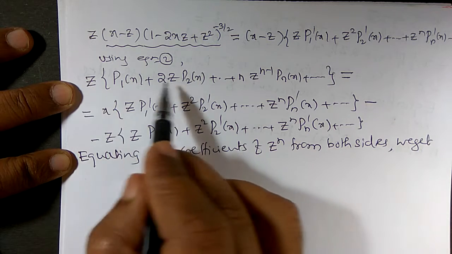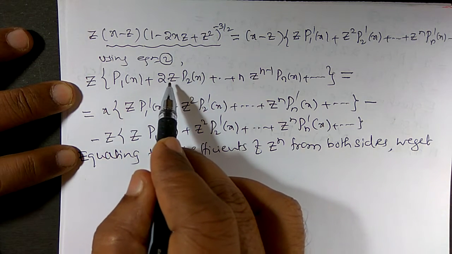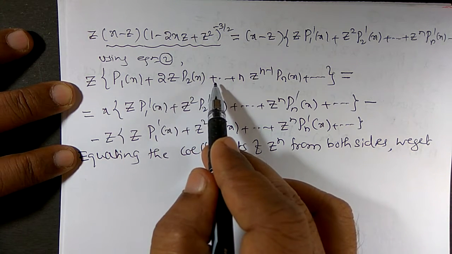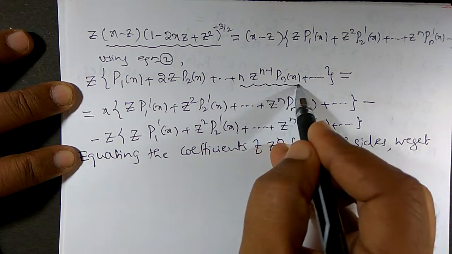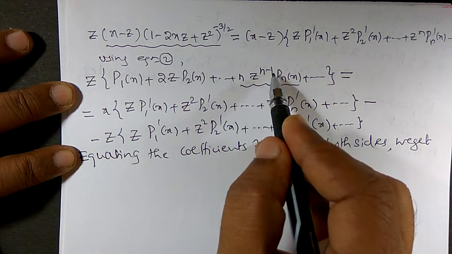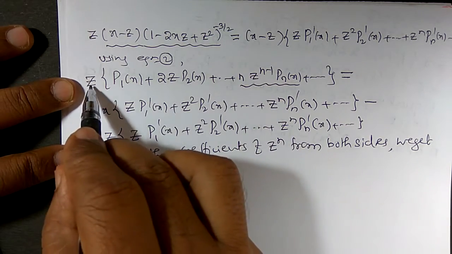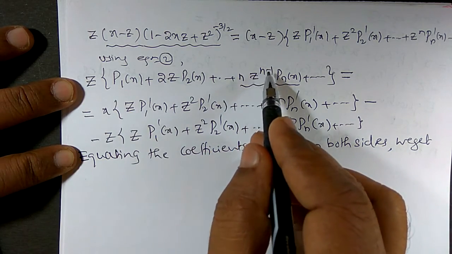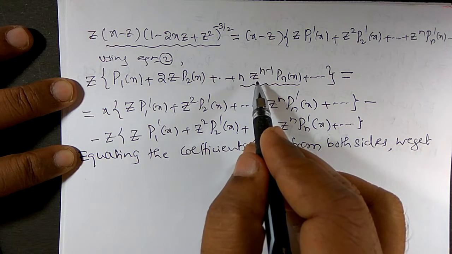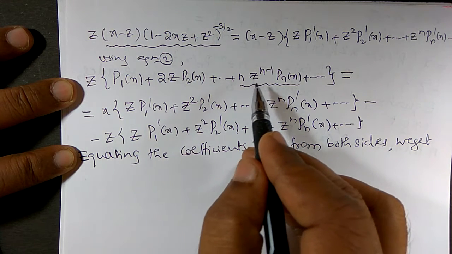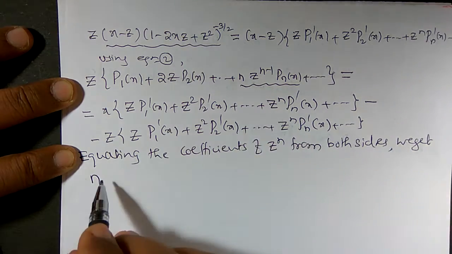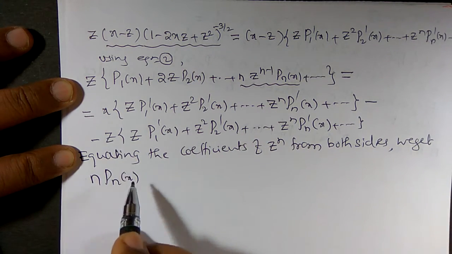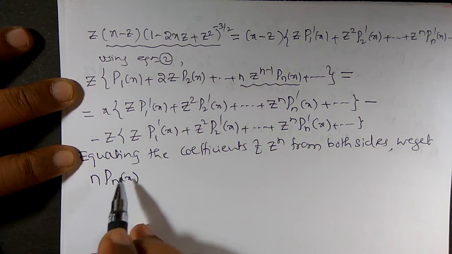When you multiply z into this term, the coefficient of z square, next the coefficient of z cube, and so on. When I multiply z into this term, z raised to n minus 1 into z means z raised to n. That is the coefficient of z raised to n, which is n into Pn(x). Okay, this is the coefficient of z raised to n.